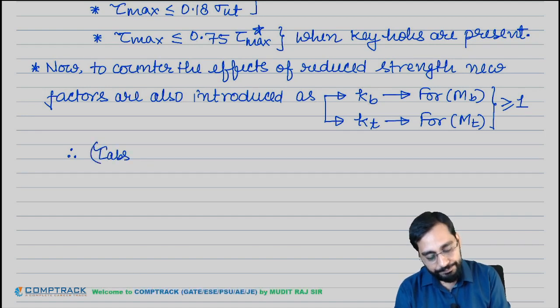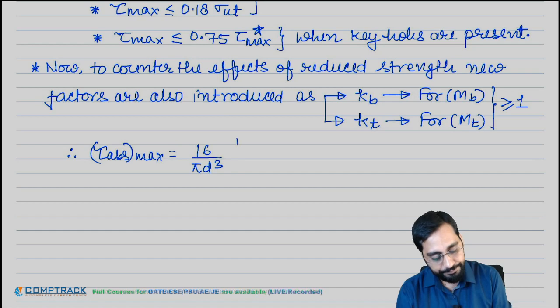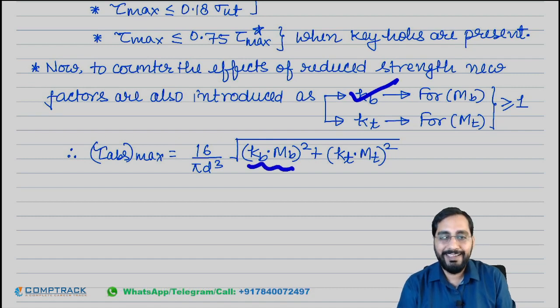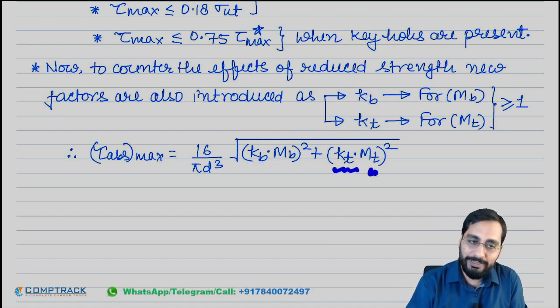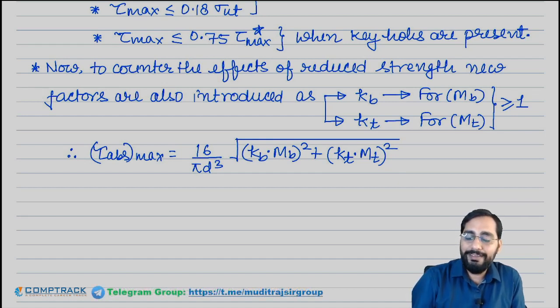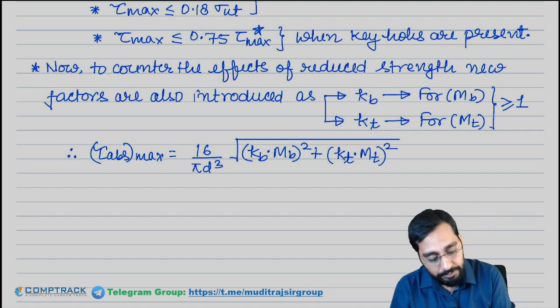So as per the ASME codes, the maximum shear stress is found by using these factors: the Kb factor is multiplied with Mb and the Kt factor is multiplied with Mt. Okay. So this is the rule defined by ASME.